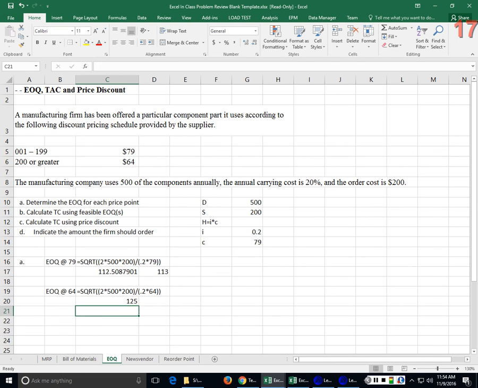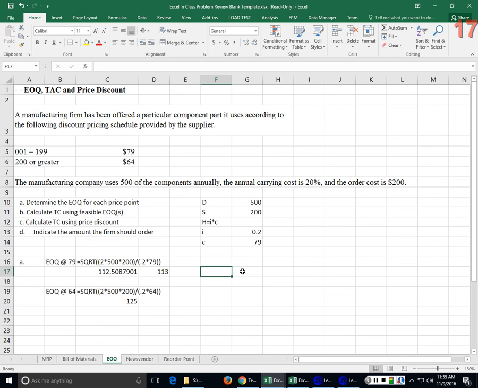So now tell me, Blake, is EOQ at 79 feasible or not feasible? So we have 113 at a price of 79. Is that a feasible solution or not feasible solution?